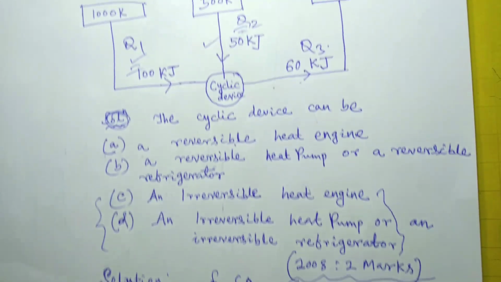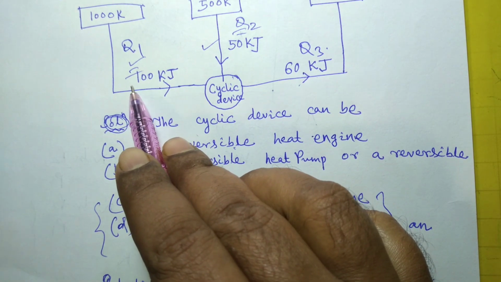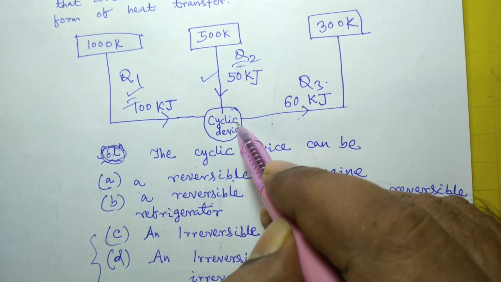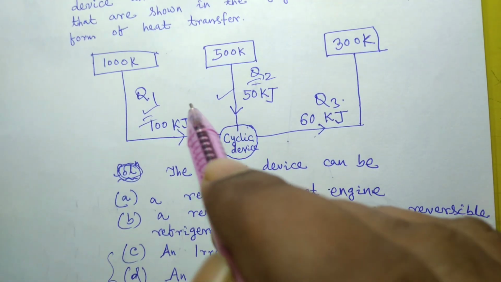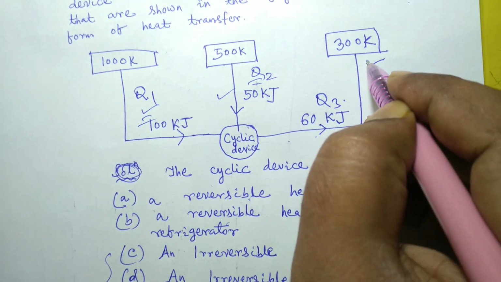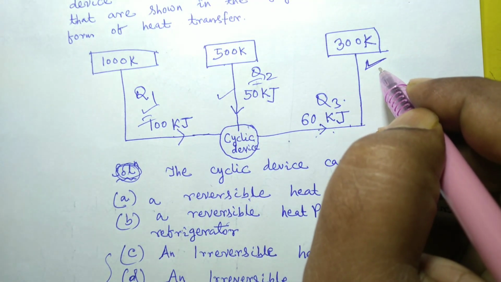So you see, this is a reversible heat engine because the two heat interactions coming to the cyclic device are from high temperature, and this one is the low temperature to which heat is rejected.